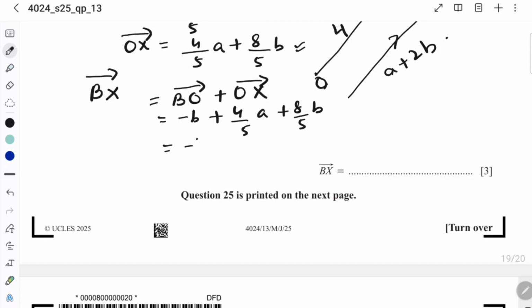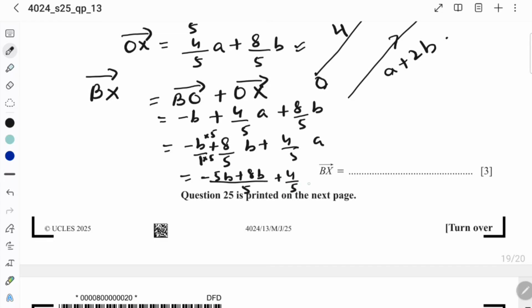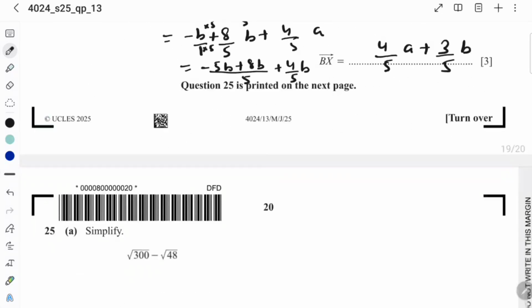Combine together: minus B plus 8 upon 5 B plus 4 upon 5 A. Take LCM: minus 5B plus 8B upon 5, so minus 5 plus 8 becomes 3 upon 5 B, plus 4 upon 5 A. So the answer is 4 upon 5 A plus 3 upon 5 B.